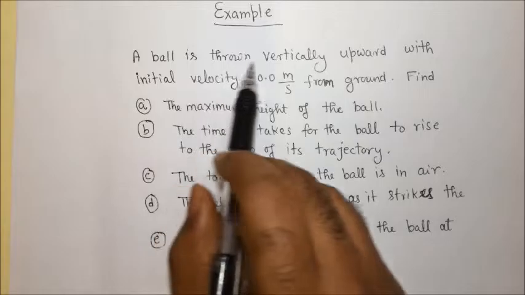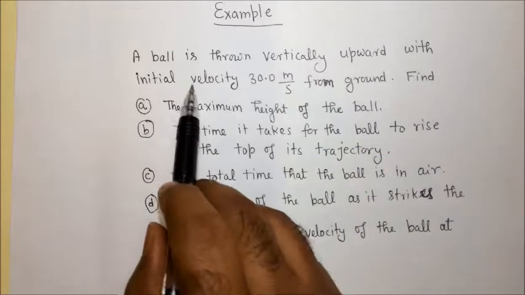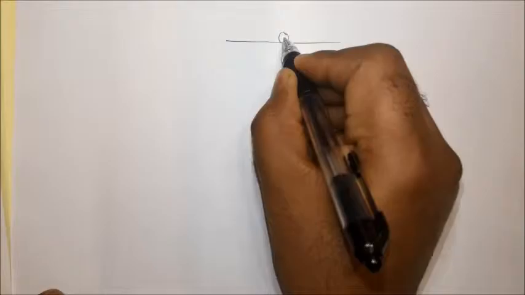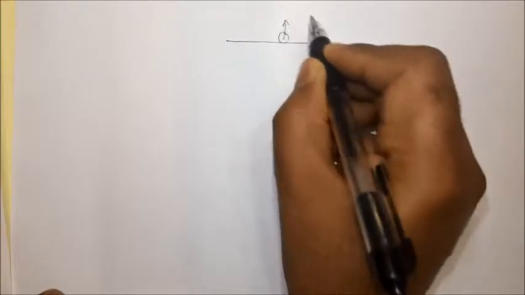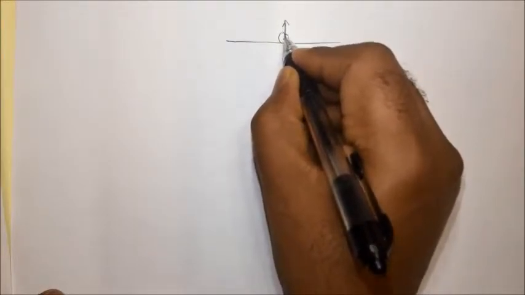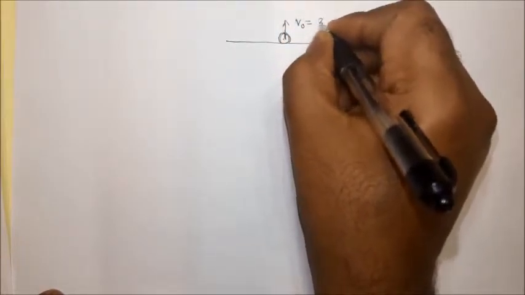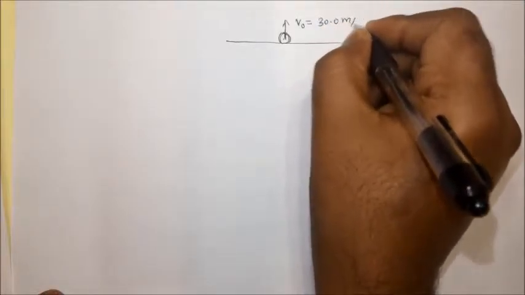So a ball is thrown vertically upward with initial velocity 30.0 meter per second from ground. So we are throwing the ball from the ground. V0 is 30.0 meter per second.